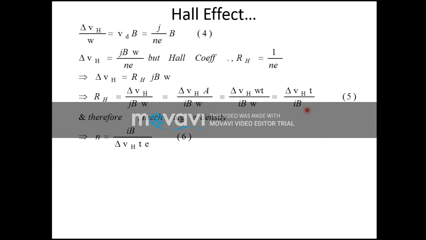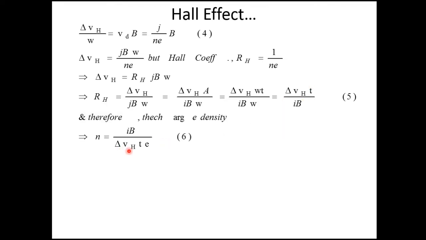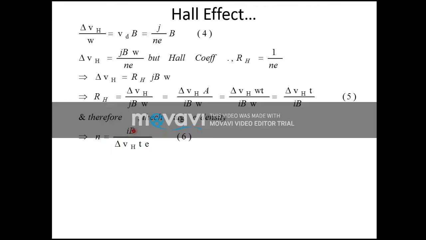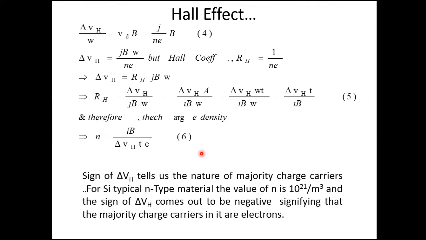So IB will come here, and delta VH into T will come down, and E is coming from here. So we'll get the charge density N is equal to IB divided by delta VH into T into E. This is equation number 6. This we will use to find the density of majority charge carriers.